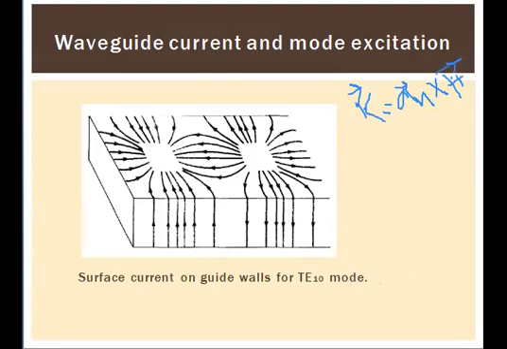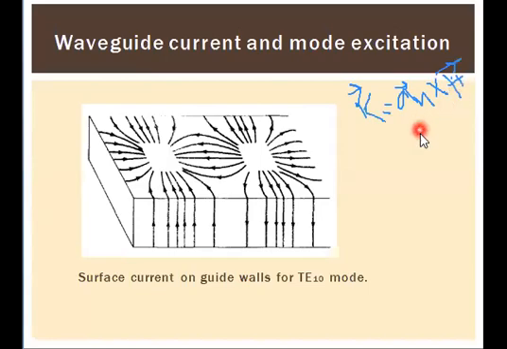Where a_n is the unit outward normal to the wall, and H is the field intensity evaluated on the wall.